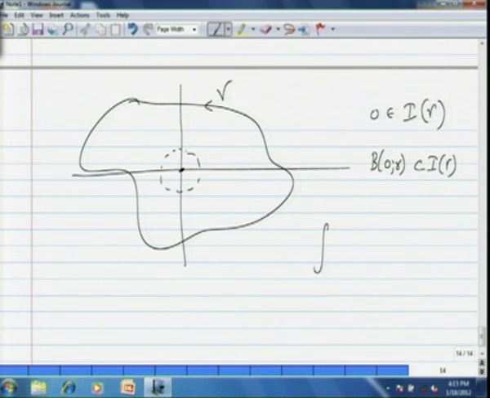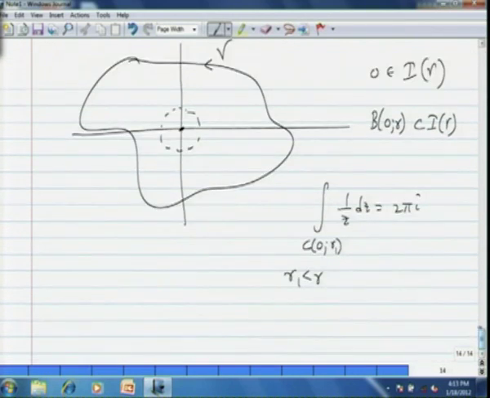And we know by the fundamental integral that the integral on C(0, r1), with r1 strictly less than r, so it is a circle of radius r1 around 0, of 1 by z dz is 2 pi i by the fundamental integral that we calculated. So, from this we can conclude that the integration on gamma, which is oriented in the positive sense, of 1 by z dz is also 2 pi i, by using the Cauchy's theorem, which we just saw.